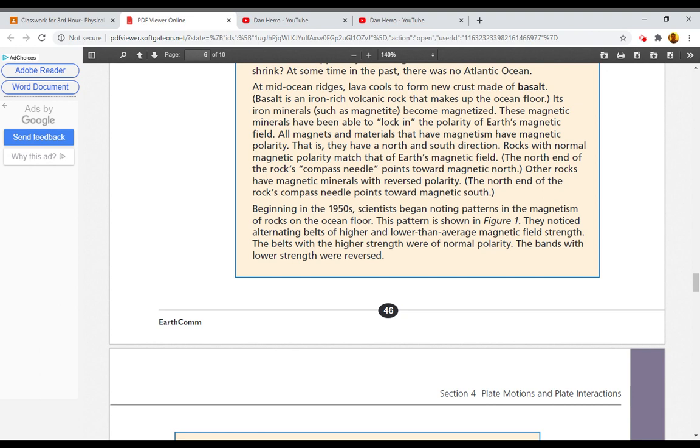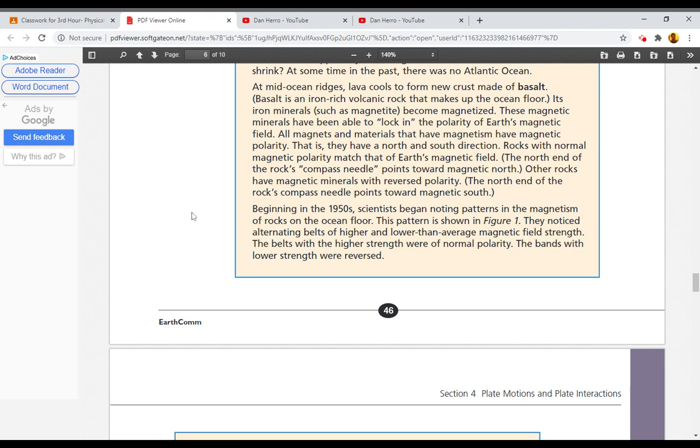That is, they have a north and south direction. Rocks with normal magnetic polarity match that of Earth's magnetic field. The north end of the rock's compass needle points toward magnetic north. Other rocks have magnetic minerals with reversed polarity. The north end of the rock's compass needle points towards magnetic south.